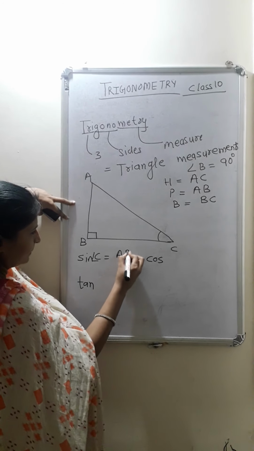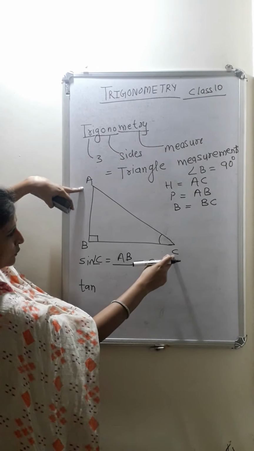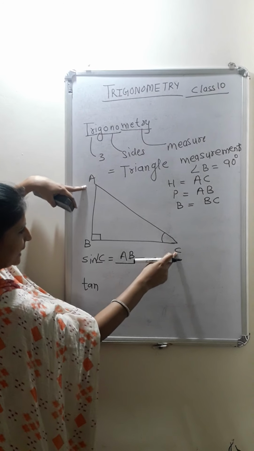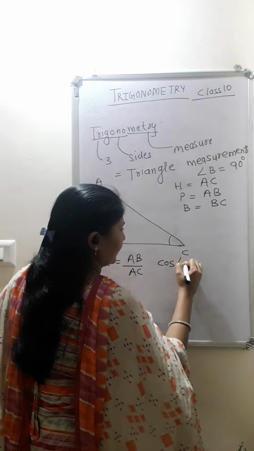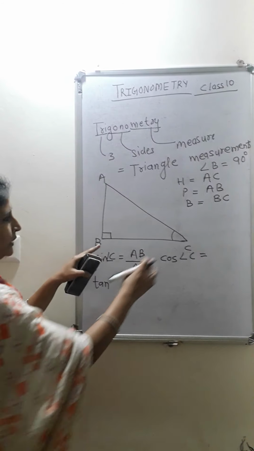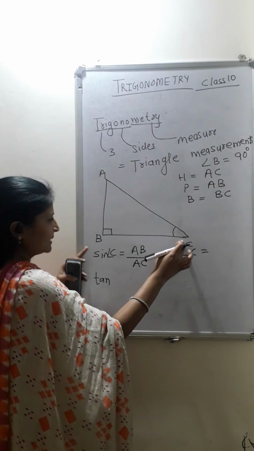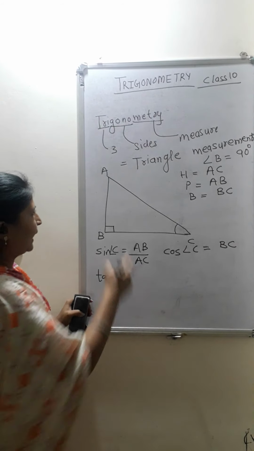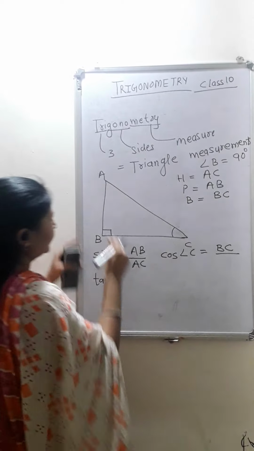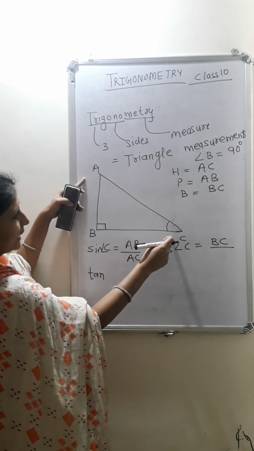Therefore we will write down AB upon hypotenuse. For angle C, hypotenuse is AC. So AC. Similarly, cos of angle C, we will write down the base attached with angle C, which is BC. Therefore BC, and upon we will write down the hypotenuse of angle C.